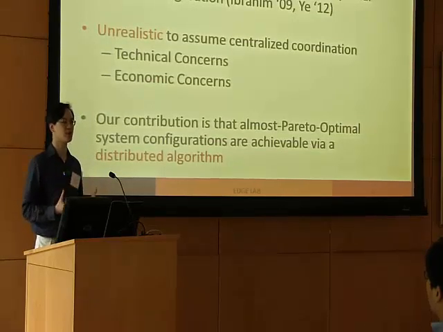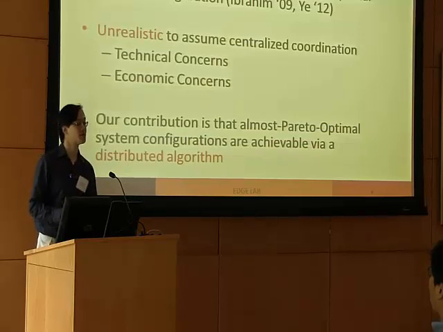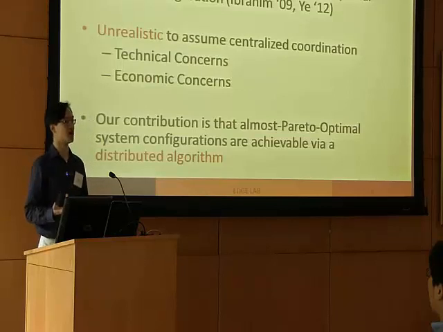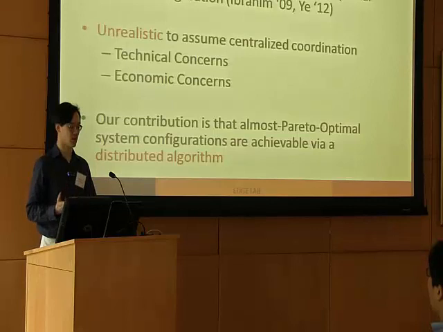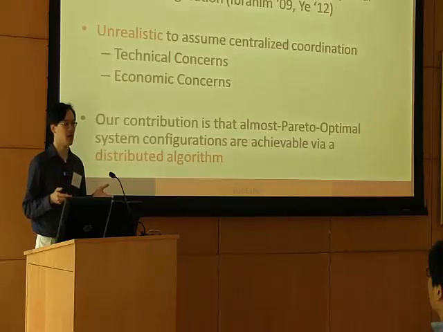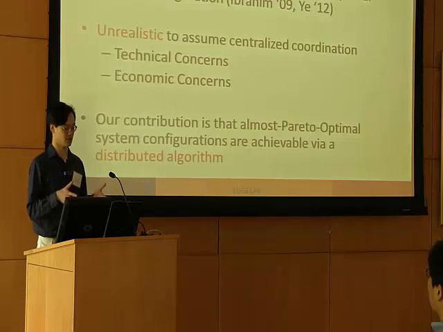However, centralized coordination is not very realistic, both for technical concerns and economic concerns. Technical concerns are, for example, this type of centralized control does not scale well with the number of users. You can imagine a single controller for a small geographical area, say New York City, with millions and millions of users within that single location.